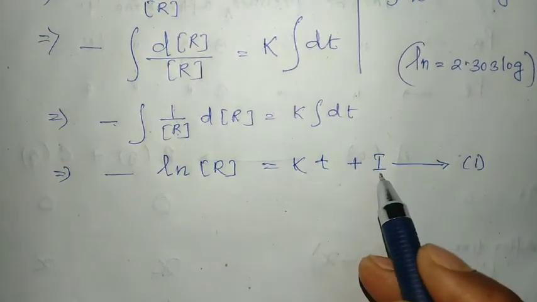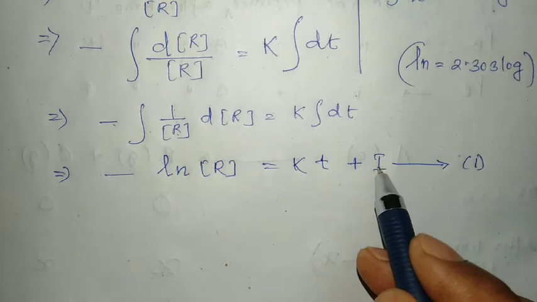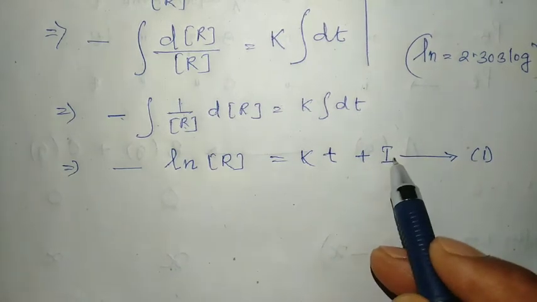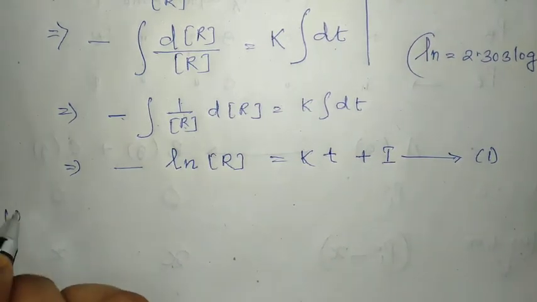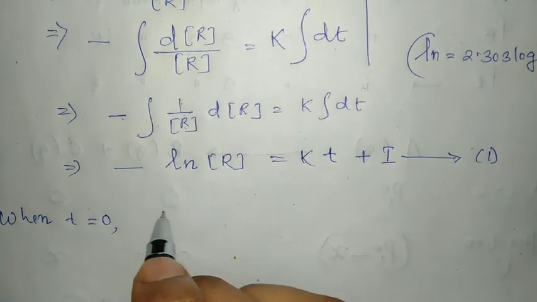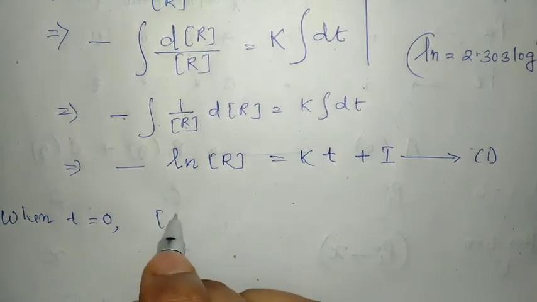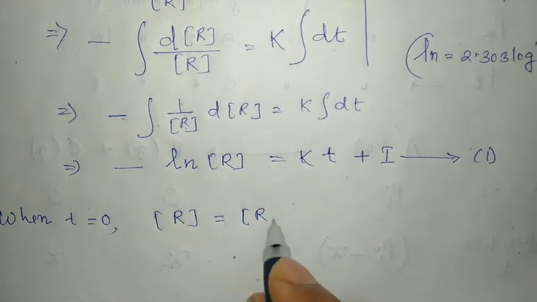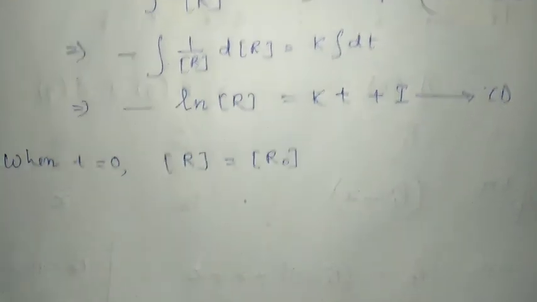Now we have to determine the value of integration constant I. To determine it, let us consider when time is equal to 0, that means at the beginning of the reaction, the concentration of the reactant is equal to the initial concentration R0.